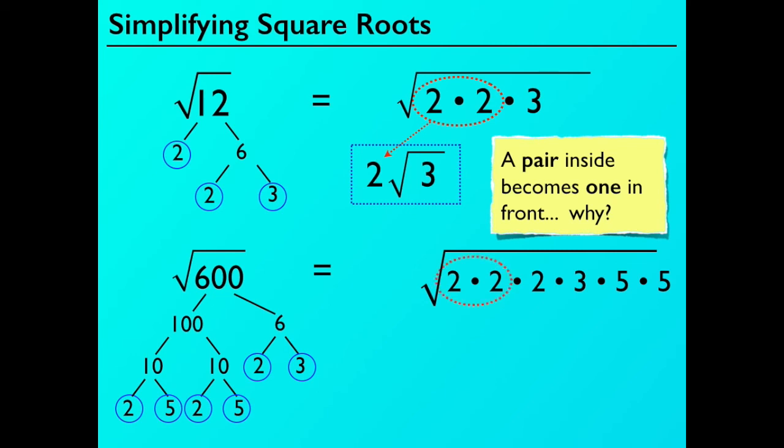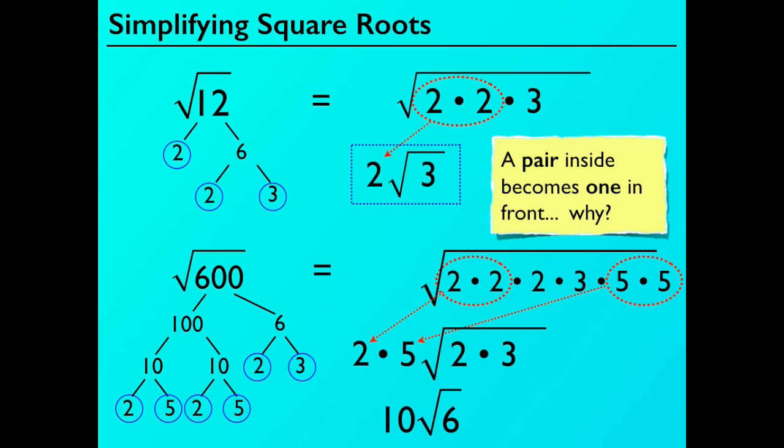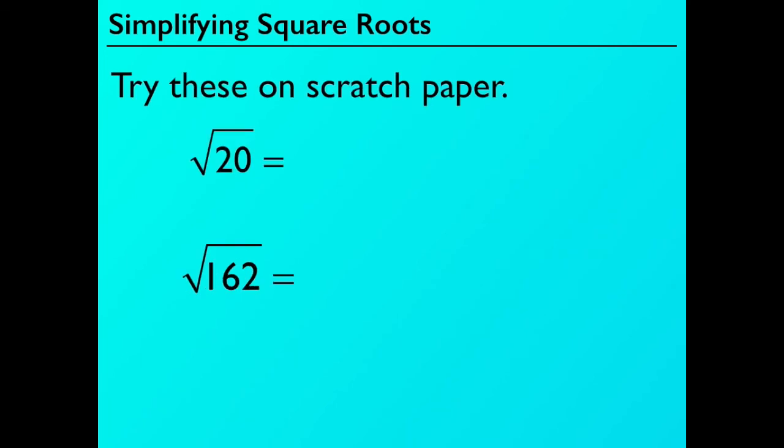I find my pair. I find my other pair. Those can be factored out of the square root. What's left inside is a 2 times 3. So now I just simplify again and get 10 times the square root of 6. Try these on your own scratch paper.